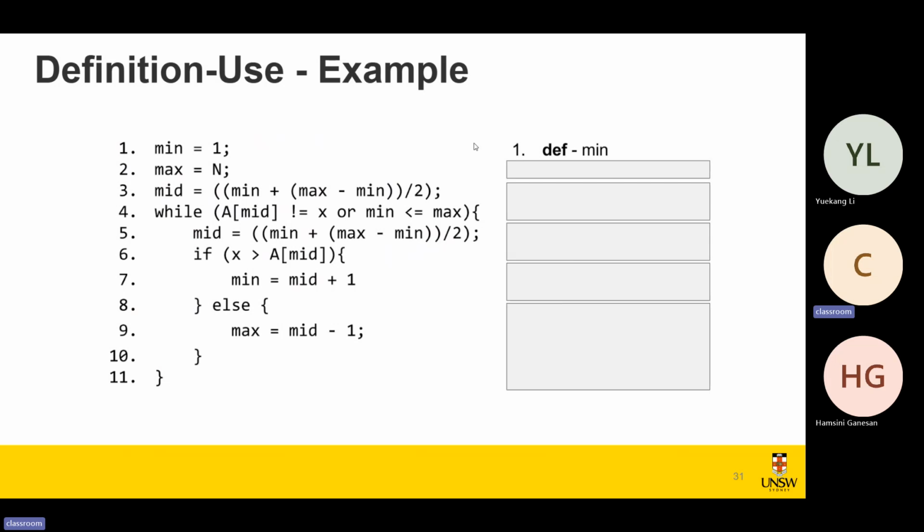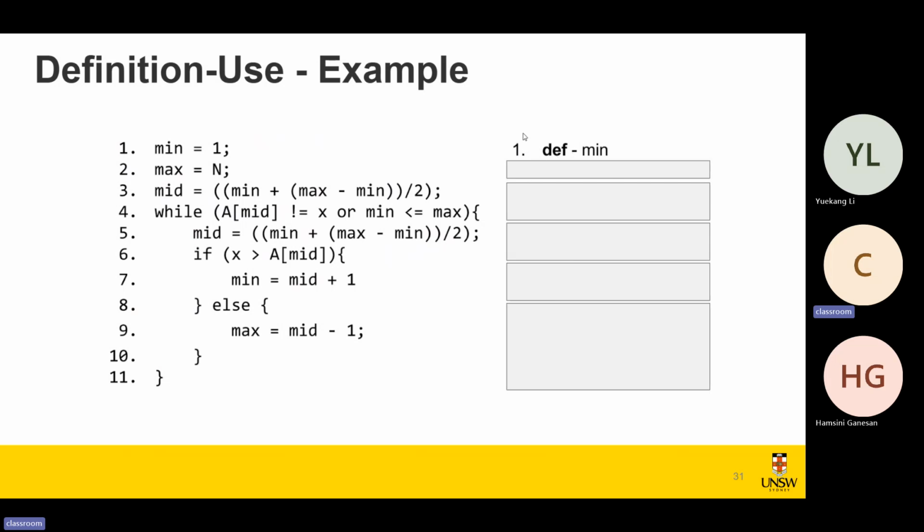So let's have a look at an example of how definition and use are defined in this simple program. This program helps us calculate the min and max value of a list of positive integers. I'll give you an example for the first line, and let's try to do the rest according to this example.